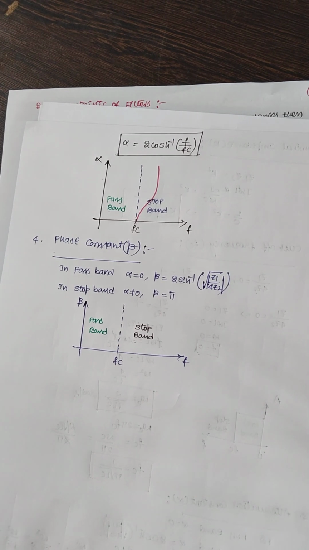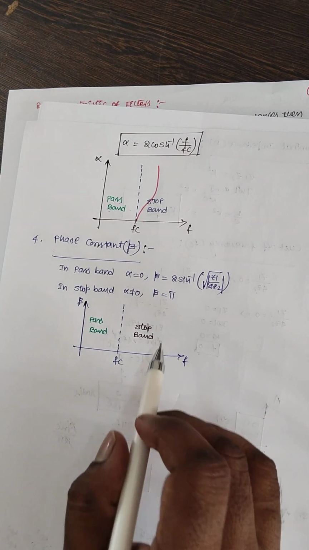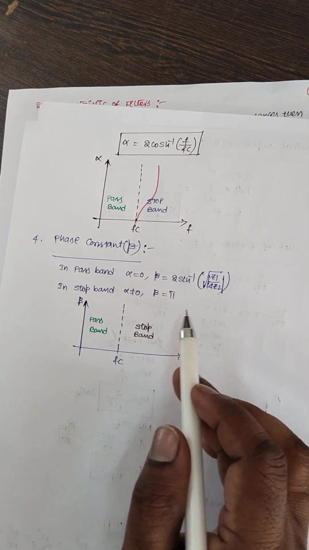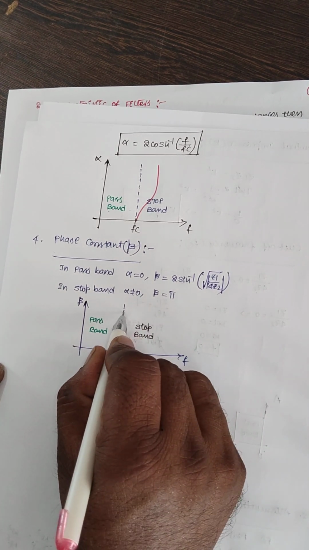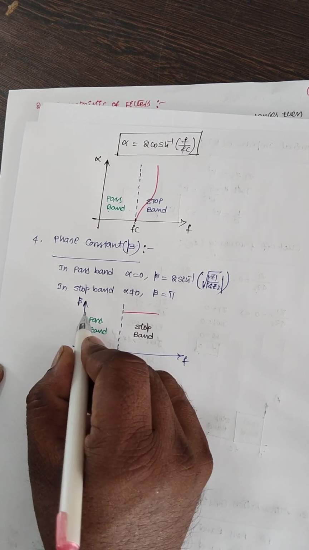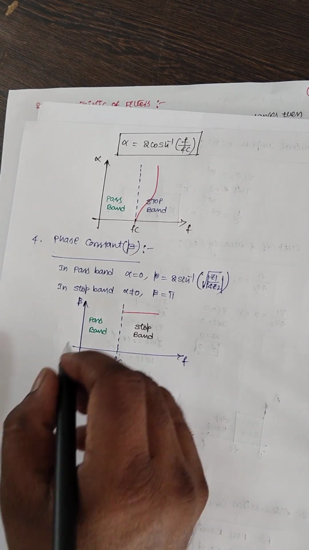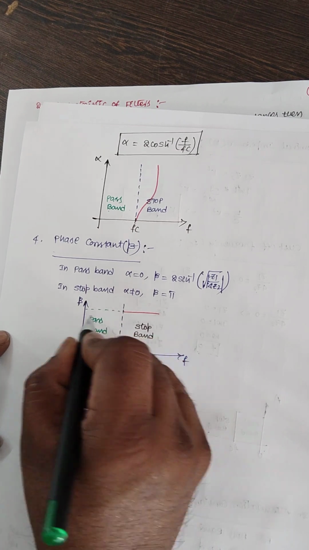Beta is equal to pi in the stop band, so this value is pi.